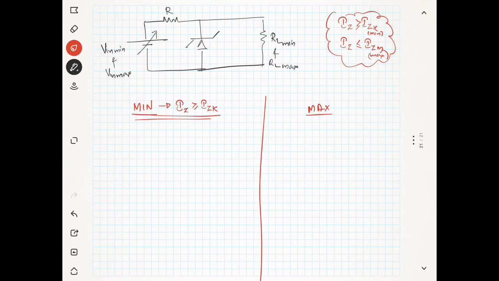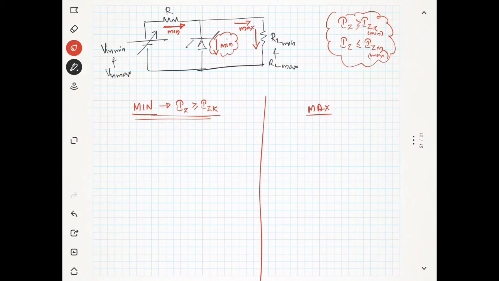We will talk about the minimum current through the Zener diode. The minimum current through the Zener diode will happen only if the supply current coming from the source is minimum, and the current through the load is maximum. Is it clear?